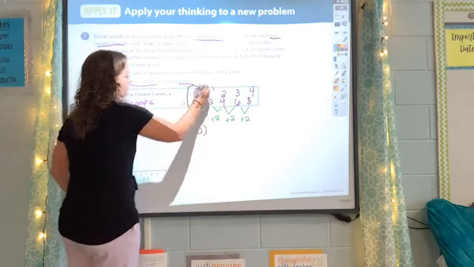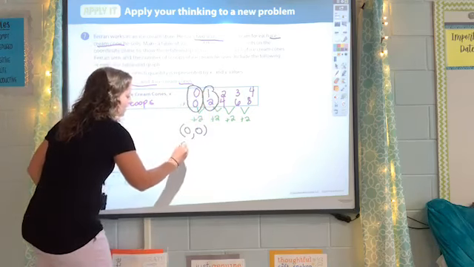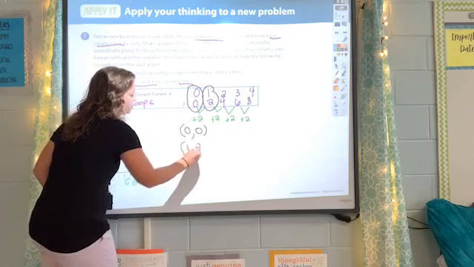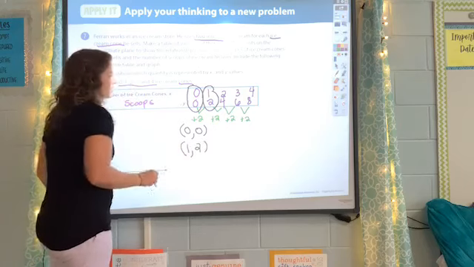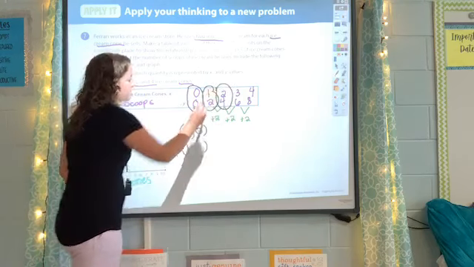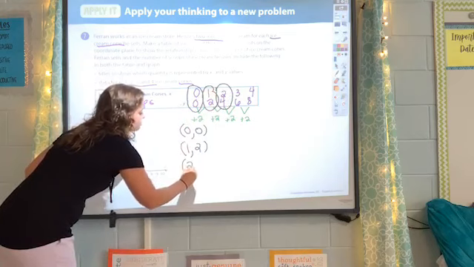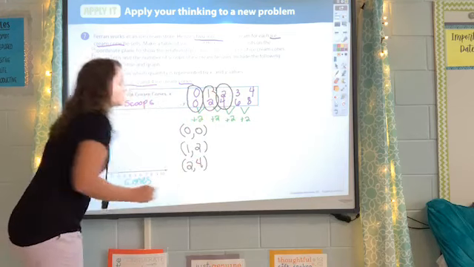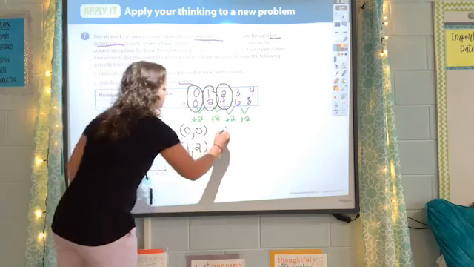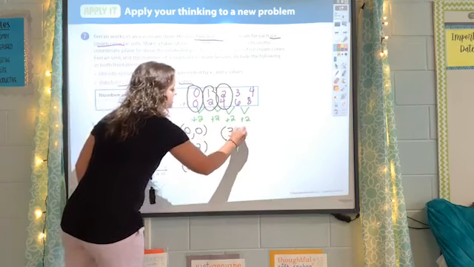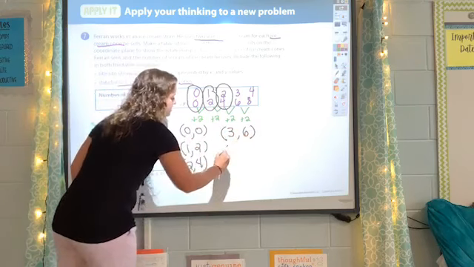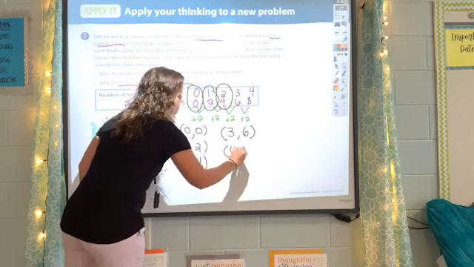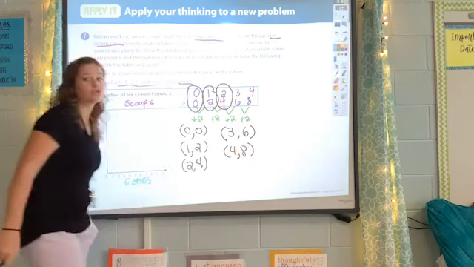All right, if I'm looking here, I've got 1 cone to 2 scoops. And I'm going to keep on going. I've got 2 cones to 4 scoops, 3 cones to 6 scoops, 4 cones to 8 scoops.